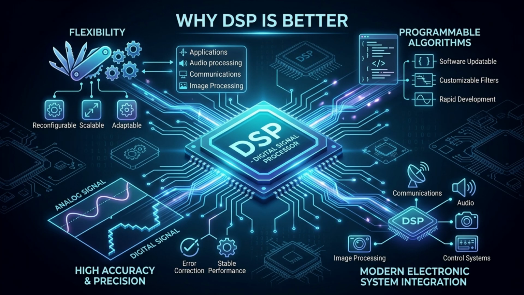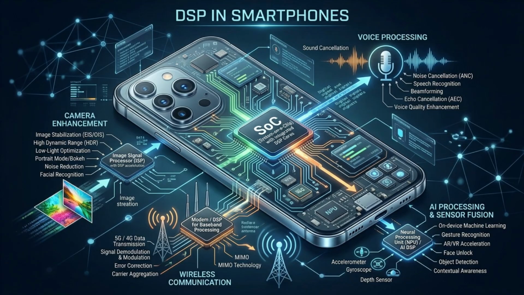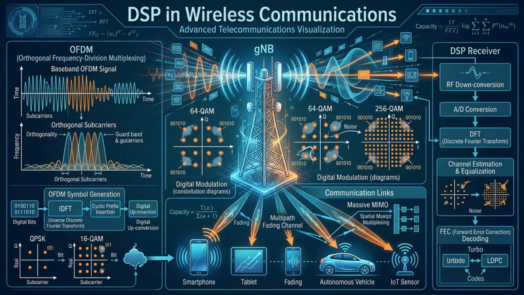DSP is everywhere around us. In smartphones, DSP helps process voice calls, images, videos, and wireless communications. In audio systems, DSP improves sound quality, removes noise, and creates audio effects. In wireless communication systems such as Wi-Fi, 4G, and 5G, DSP performs modulation, demodulation, channel estimation, synchronization, and error correction.